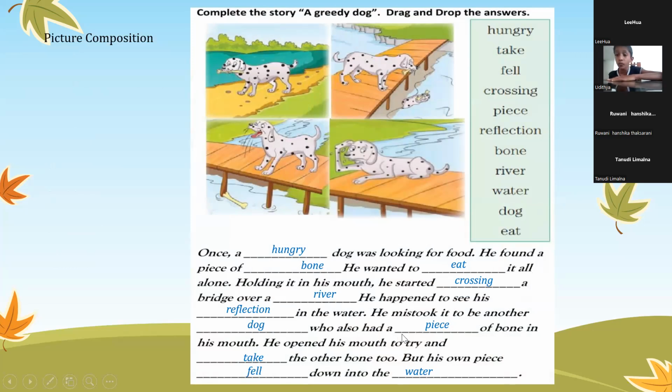Another dog who also had a piece of bone in his mouth. He opened his mouth and tasted the bone too, but his own piece fell down into the water.